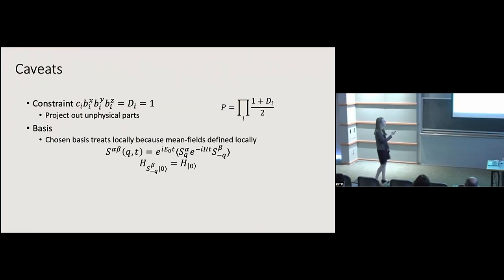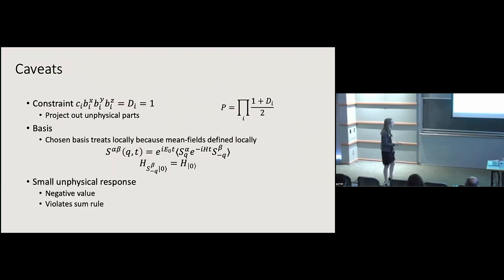The second is this question of the basis. If I computed S of Q omega directly, I would replace the local operators Si and Sj with S of Q. And then when I think about mean field decoupling with respect to S of Q acting on the ground state, it's not going to change any of the expectation values, in essence, because you've distributed that flux across every site of the system, which will average to 0 in the thermodynamic limit, 0 change.